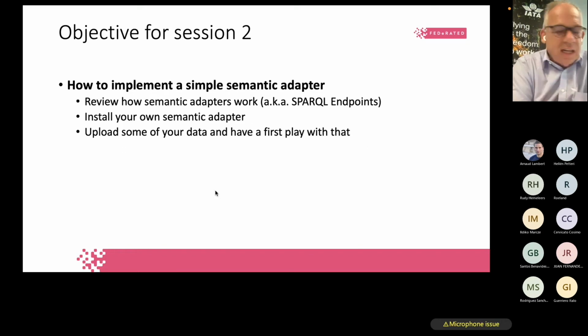If there's anything that you'll take away from this, you'll know everything about what that is and how to explain that to your colleagues. How to install one. I'm actually going to do a live demo, so we'll see if that works. Upload some data, and then we'll have a very, very quick look at getting data back. But most of that is for the next time. So this time is really focusing on implementation, okay?